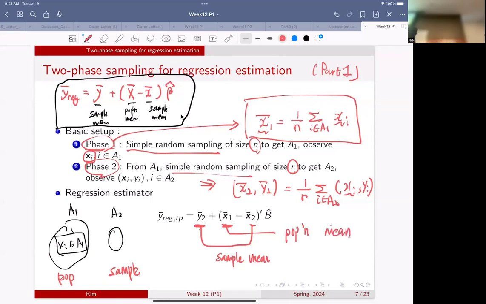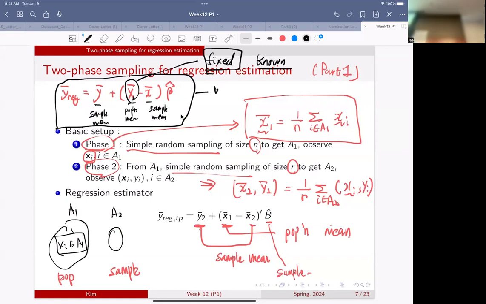So that's basically the idea. Then of course this regression slope cannot be computed from the population; it can be computed from the sample. The main difference is that in the usual regression estimator, this x bar n is fixed and known.